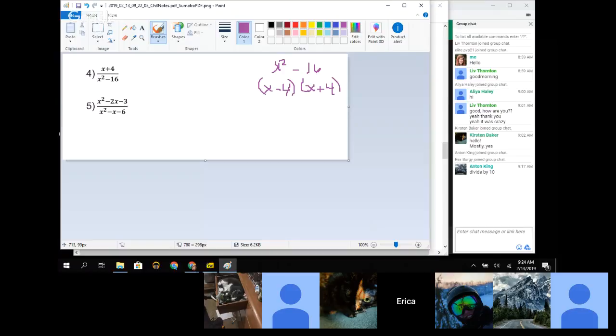All right, so if I rewrite this as x plus 4 over x minus 4 times x plus 4, I'll draw a line here. Then can I cancel something out?